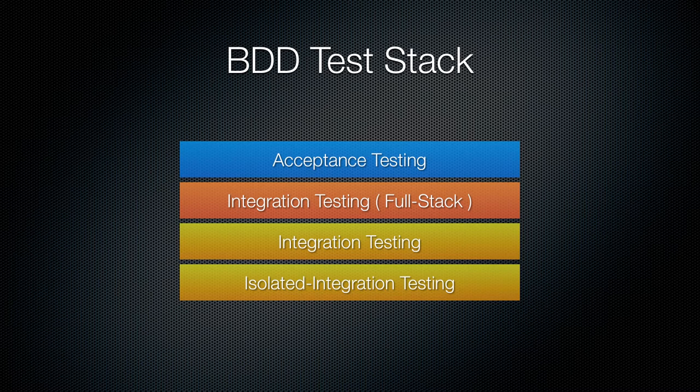In the case of non-isolated integration tests, when the test fails, it could be failing because of the thing that you're testing at the high level, or it could be failing because something 3 layers deep in your stack failed. And the reason is that it's an integration test, right?